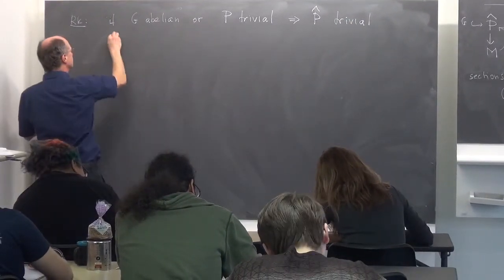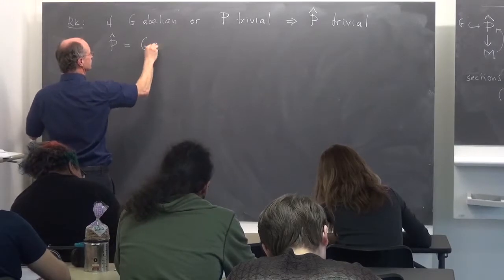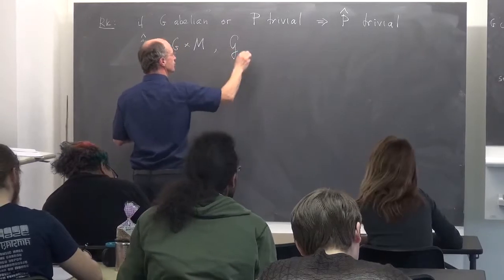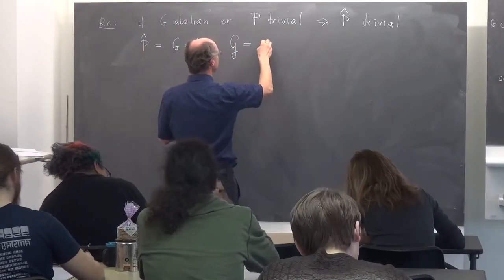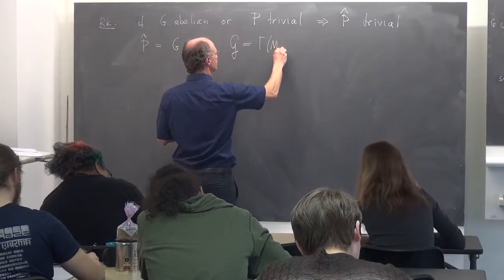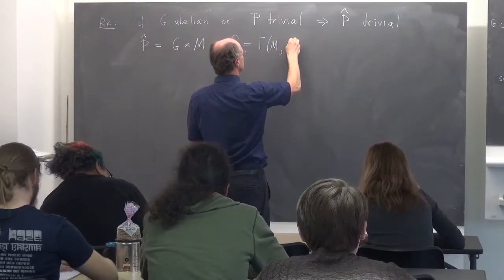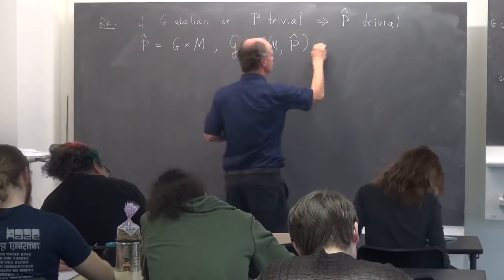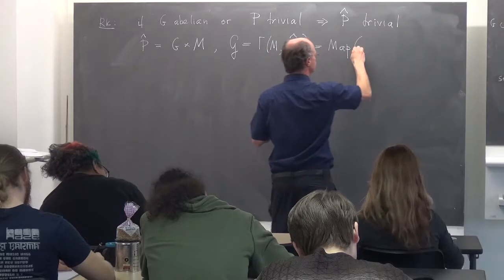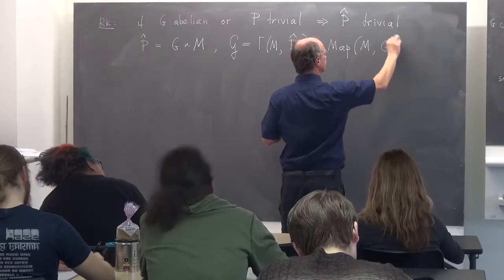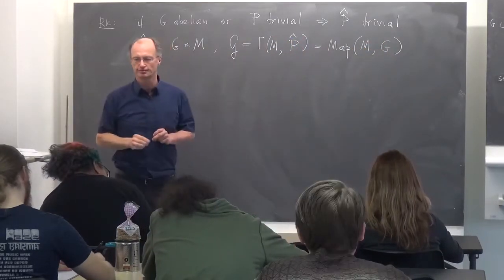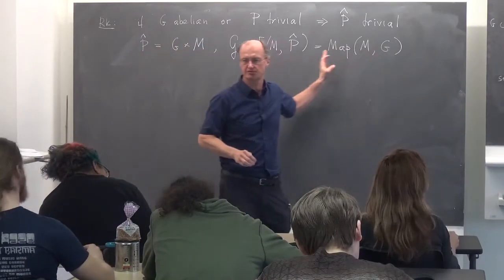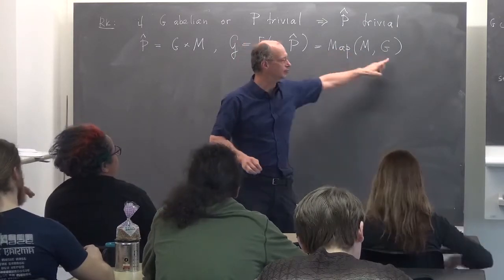So P hat is simply a product G times M. And this group, capital curly G, so this space of sections of P hat, that simply maps from M to G. So these are actually typical gauge groups that we'll consider. So maps from M to G.